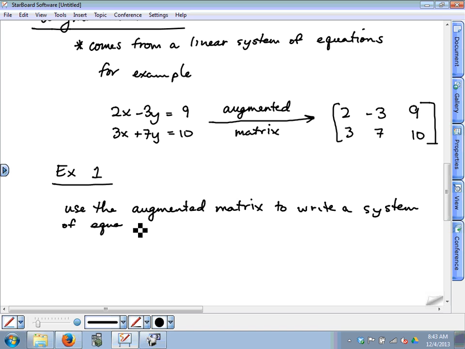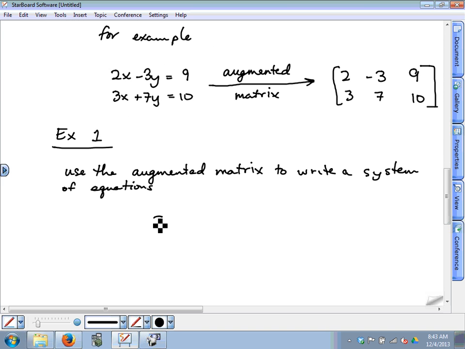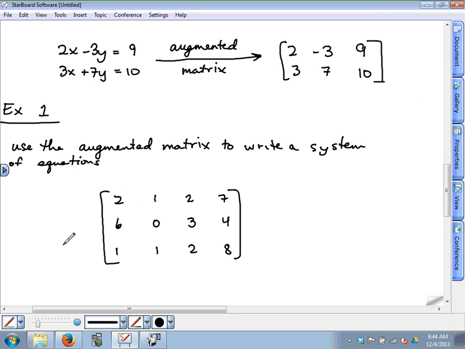So now we're going the other way. I'm going to give you the matrix already. From that matrix, write a system of equations. That's a good thought.